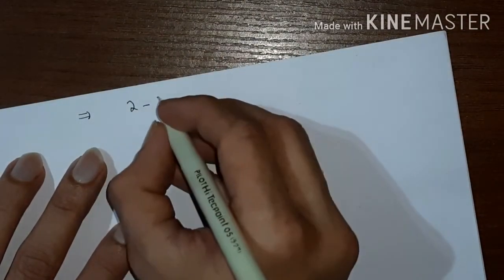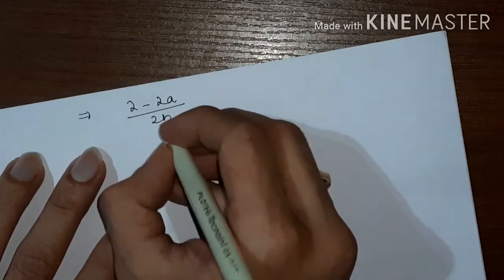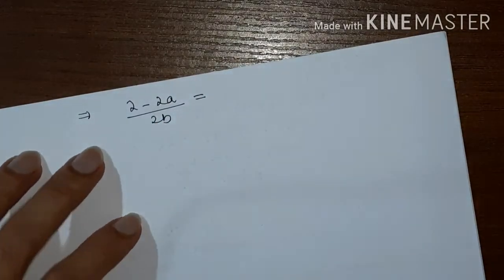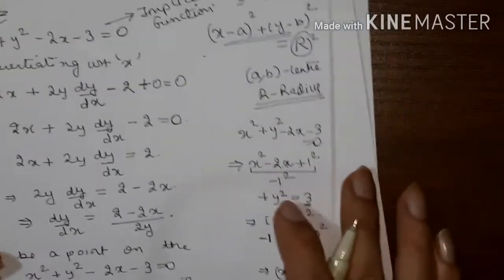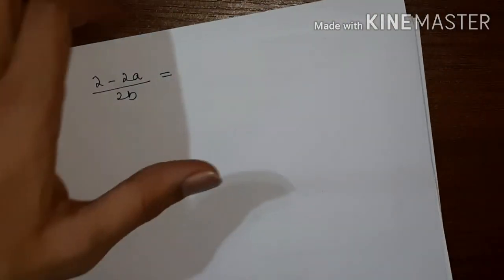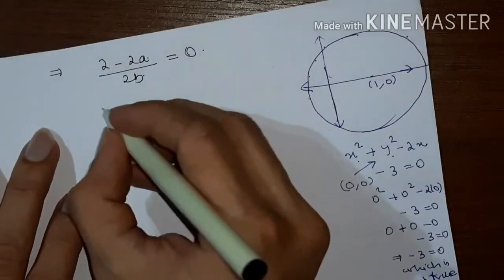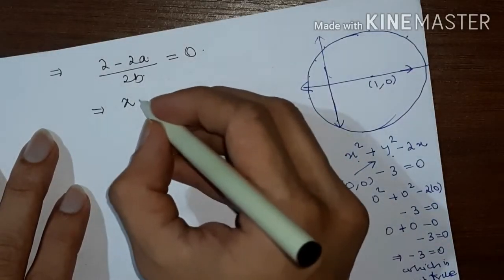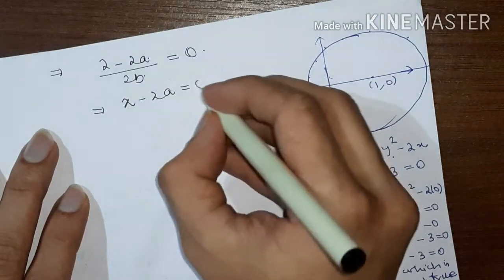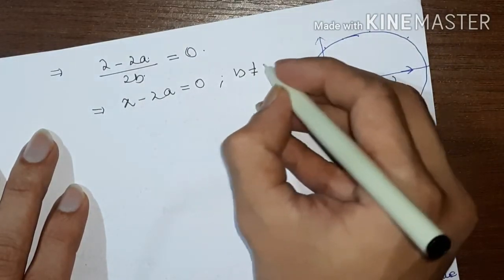So 2 minus 2a divided by 2b equal to the right hand side, which is 0. Okay, so 0 you will get on the right hand side, so what we get is 2 minus 2a is equal to 0, where b is not equal to 0.